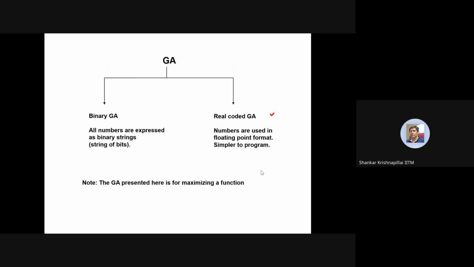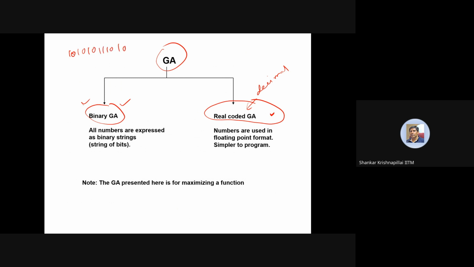Genetic algorithm can be divided into binary genetic algorithm and real coded or decimal genetic algorithm. Originally, when the genetic algorithm was first proposed, the binary genetic algorithm was proposed, because the numbers are converted to bit strings like this.